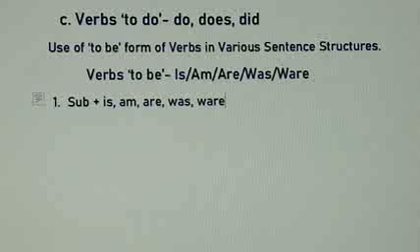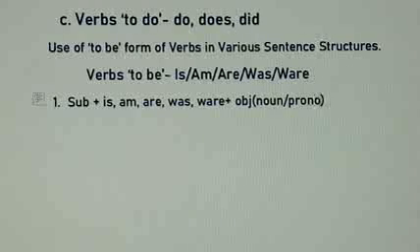After that, my dear children, we need to use an object. Dear children, in this group, the object which we will use will be either a noun or a pronoun only. Noun or pronoun. Right?